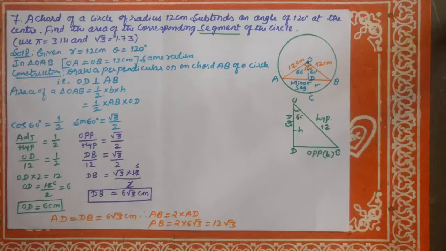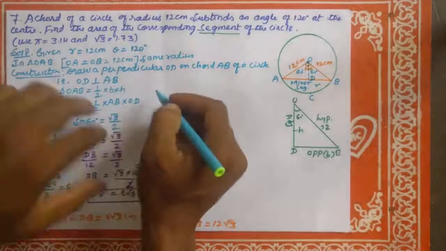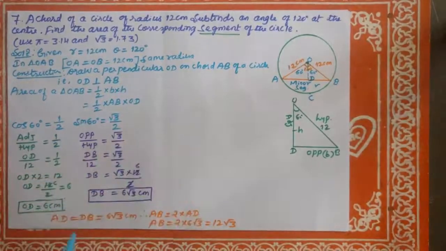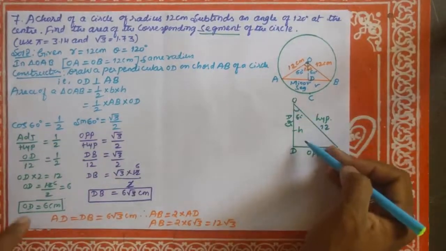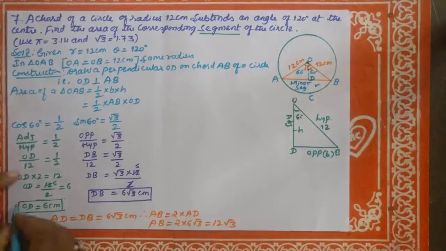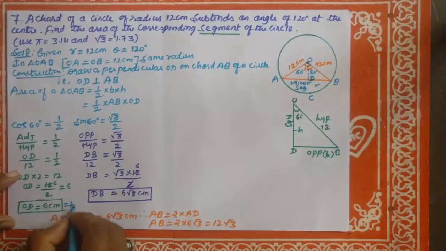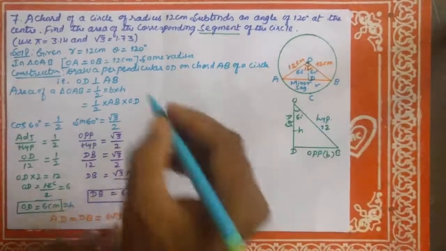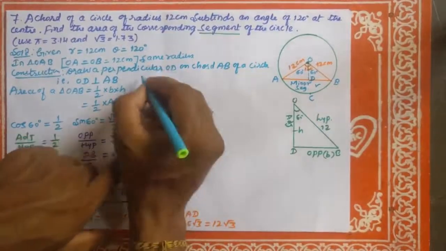I will continue this problem now. Area of triangle. Now we got height. Which is height? OD is height.